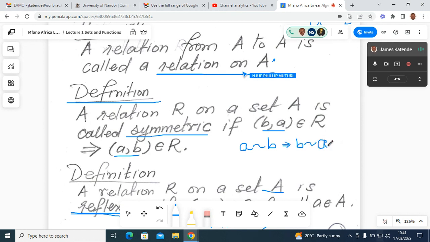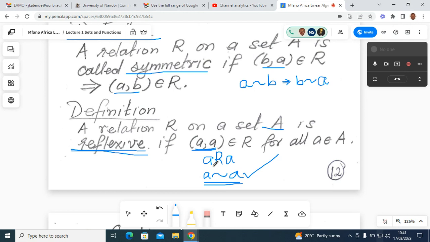That's another way you can write this. So that's symmetric. We have looked at reflexive and symmetric. Those are possible properties of a relation on a given set.